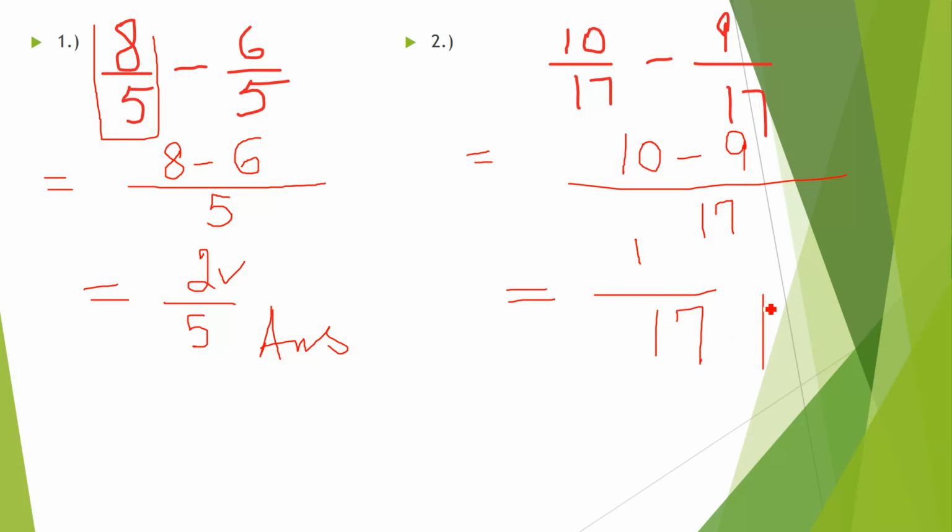So this is the answer. Again, you have to check whether it is proper or improper. This is proper, as the numerator is smaller than the denominator, so we cannot convert it into a mixed number. So this is the subtraction of fractions if you have the same denominator.